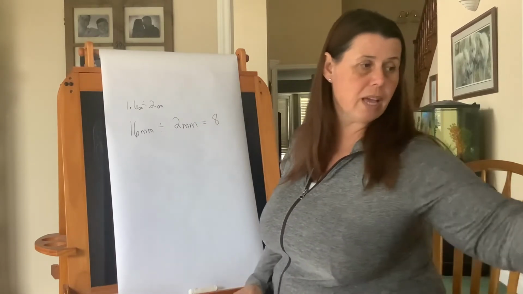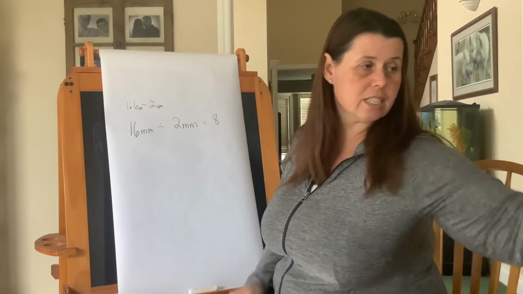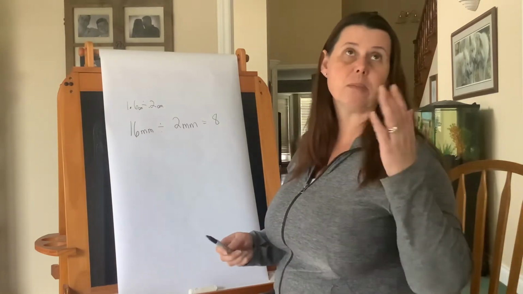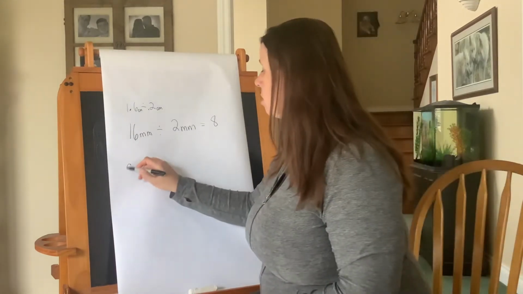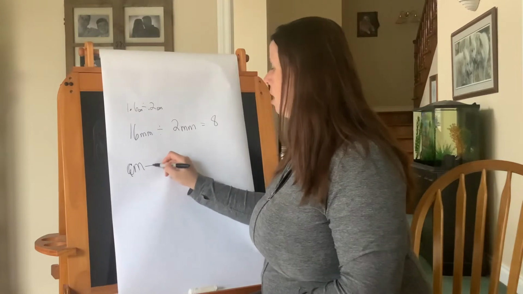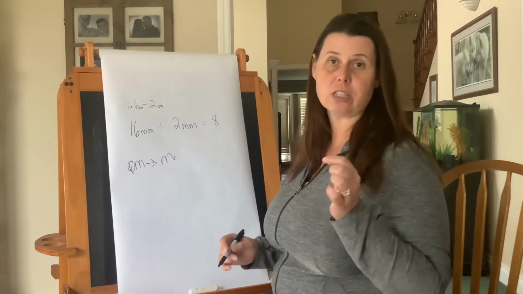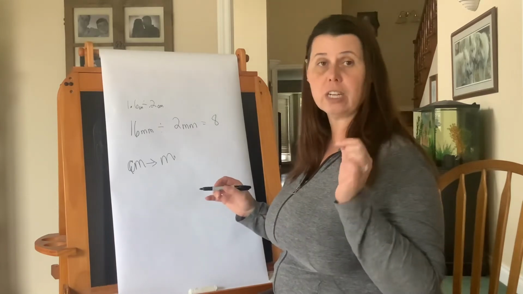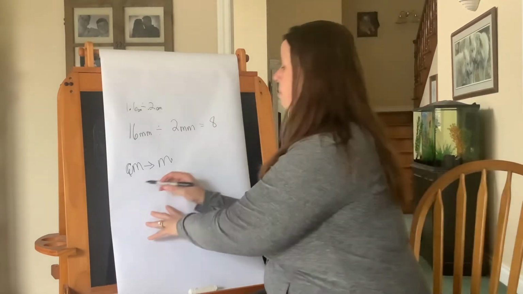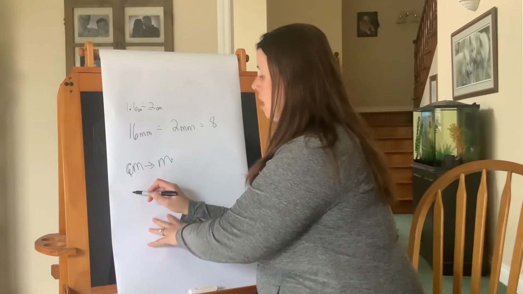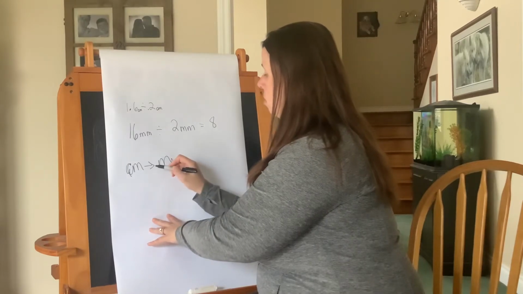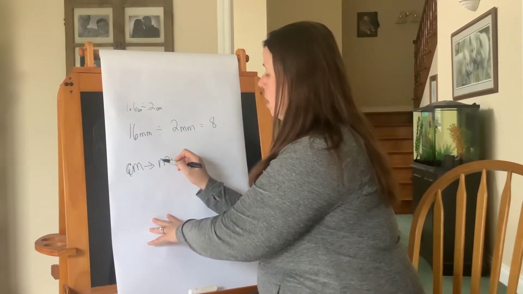Okay, so in today's math, you're going to be converting centimeters to millimeters, sometimes centimeters to meters. Remember, there's 100 centimeters in a meter, so you're going to need to multiply by 100. Okay, so say it was, actually we're going to be going meters to centimeters.